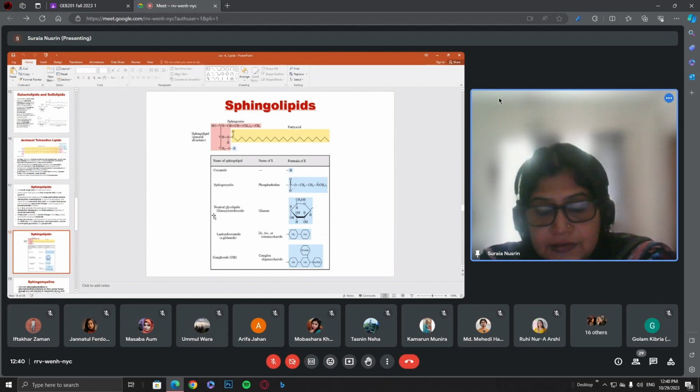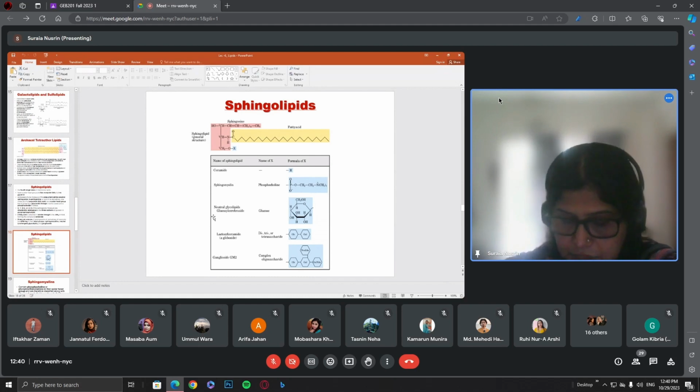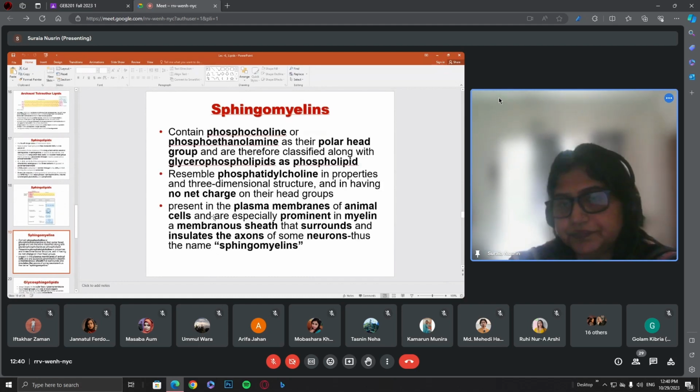These polar head groups can be present, or maybe an oligosaccharide is present as the polar head group in sphingolipid. So according to what type of sugar moiety or moieties are present, we name the sphingolipid. So they have different names according to the sugar moieties. So we will see a little bit elaborately about each of them.